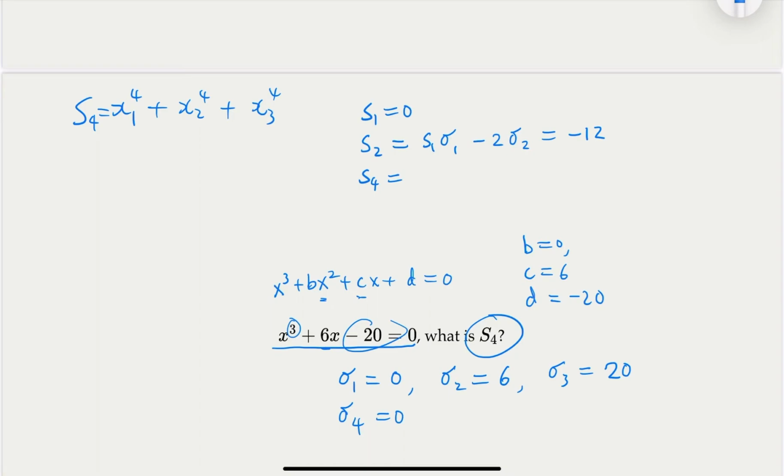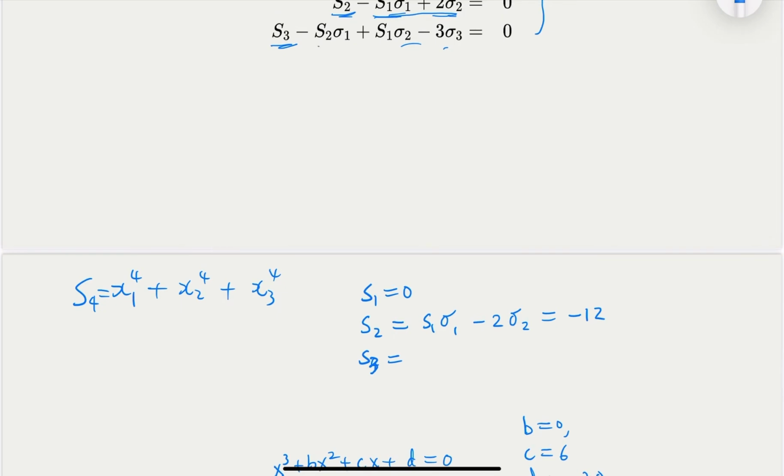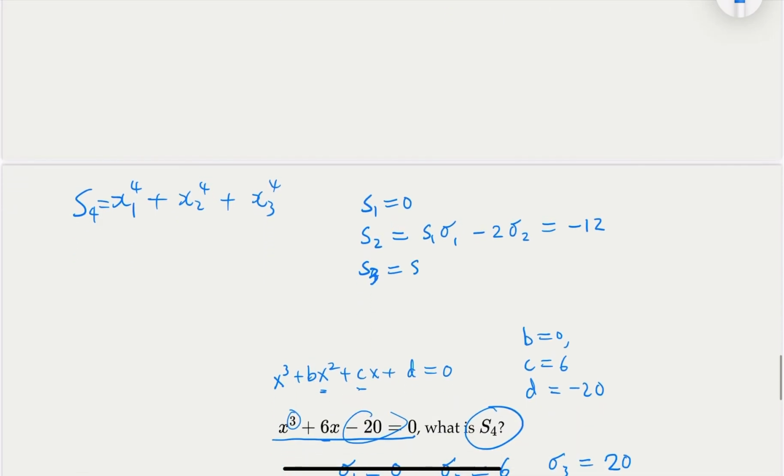Sorry, S3. You're going to plug in here, and move everything to the right hand side: S3 equals S2 sigma 1 minus S1 sigma 2 plus 3 sigma 3.